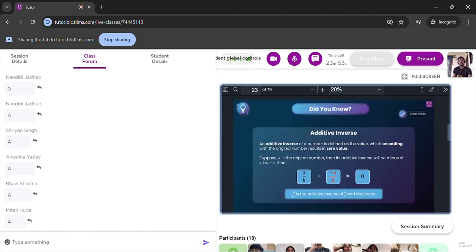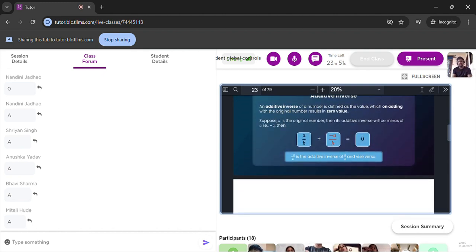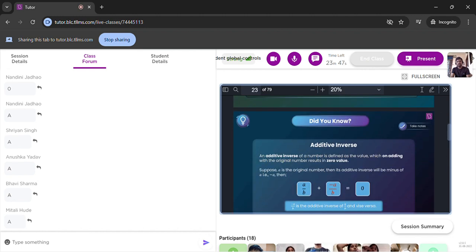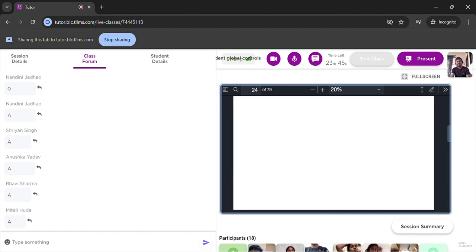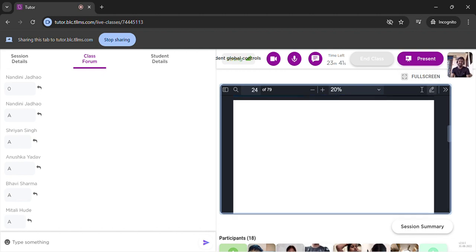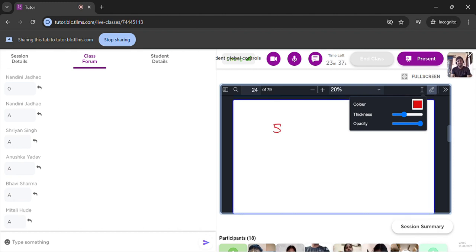Okay, good. Now we are going to learn additive inverse. What is additive inverse? Additive inverse is simple. If any number is given which is positive, we have to write the same number and only change its sign.